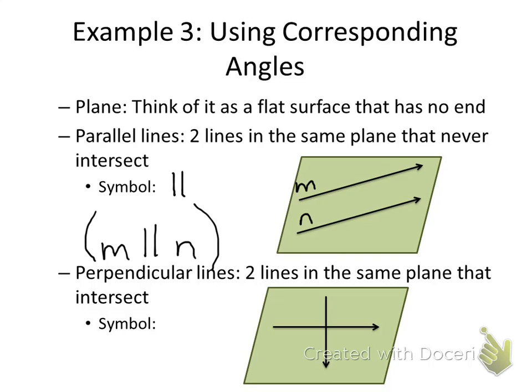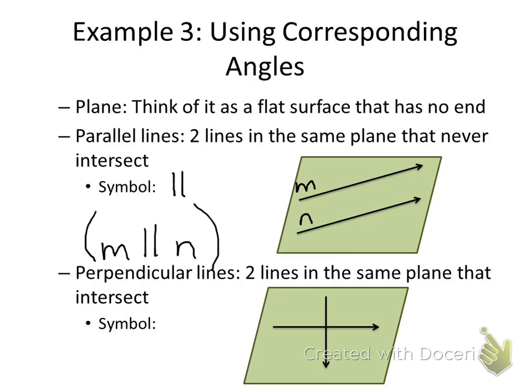With perpendicular lines, a perpendicular set of lines are two lines in the same plane that do intersect. Even if they don't intersect in the plane, if they're heading towards each other, they eventually will intersect. So that's what we call perpendicular. Perpendicular lines do intersect in the same plane, but parallel lines don't.